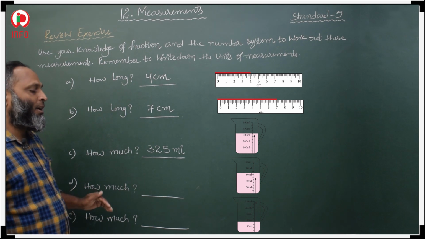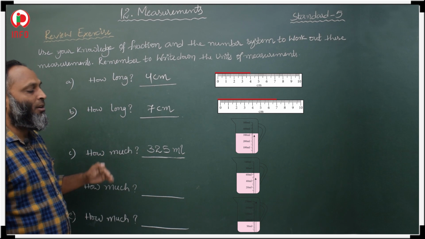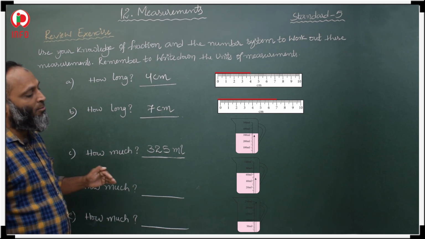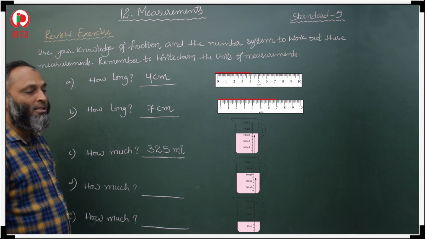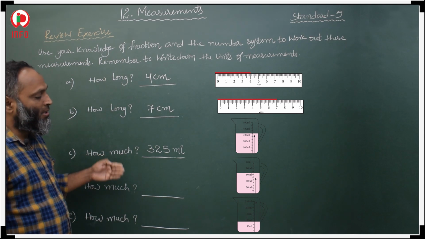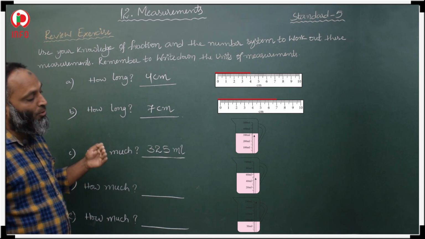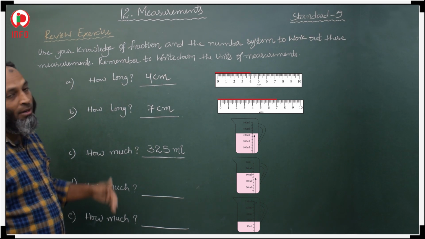Then after 40, the small line is 45, the next is 50, then 55, then 60. Next, after 60, one more line, so it is 65.